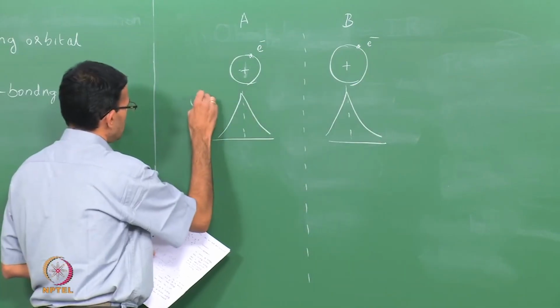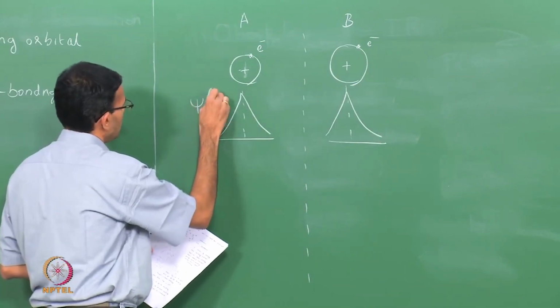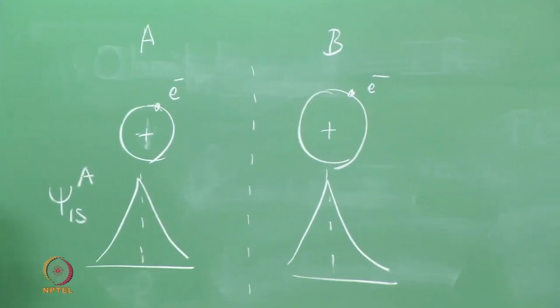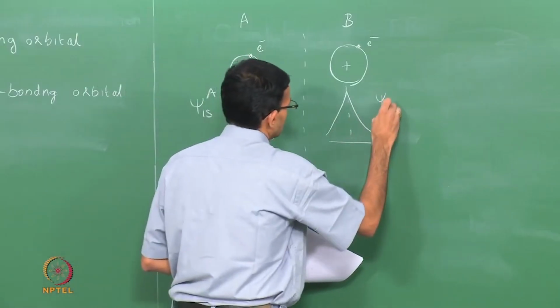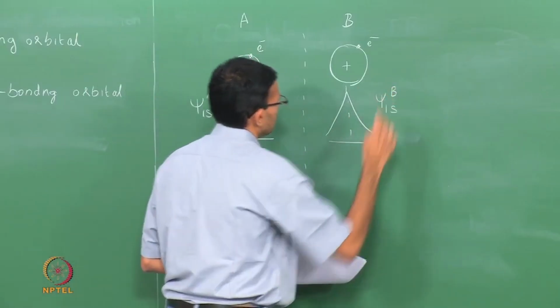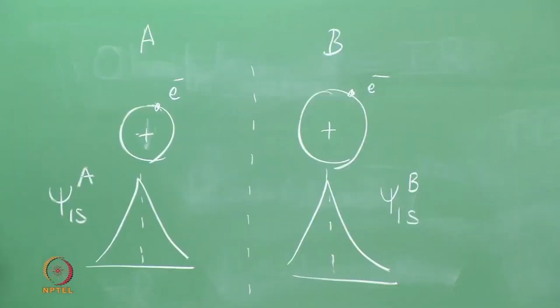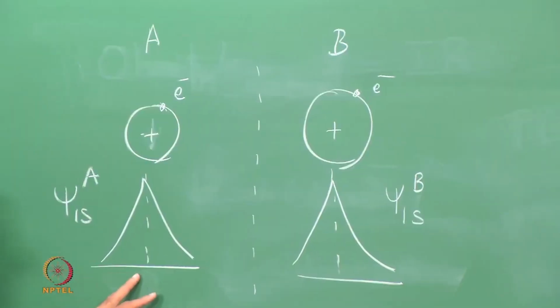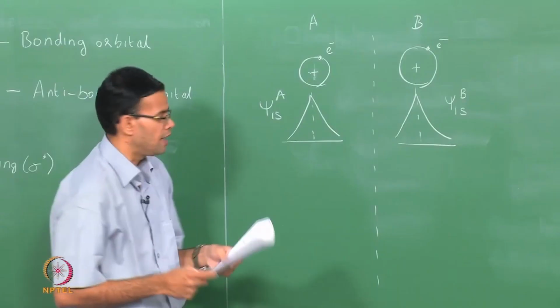So, this one is psi 1s of A, which is the atomic orbital for A, and psi 1s for B. In both of these cases, I have chosen an exponential function for the atomic orbitals. There is a way of showing that it is actually an exponential function, but we will not go into it. As far as we are concerned, we have an orbital that is exponentially decreasing away from the nucleus, and we will keep it at that.